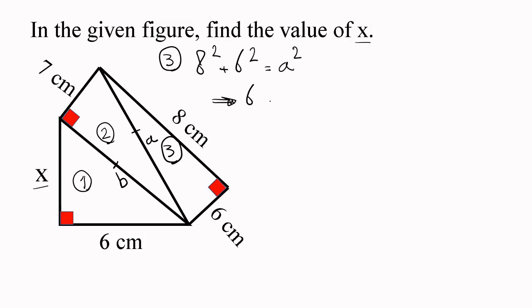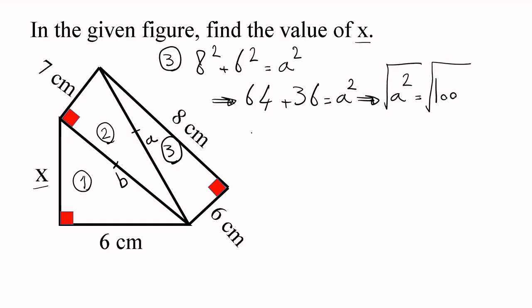I'm going to have 64 plus 36 is equal to A squared. So A squared is equal to 100. I'm going to take a square root from both sides. And finally, A would be 10 centimeters. So I have found the first hypotenuse. It is equal to 10 centimeters.